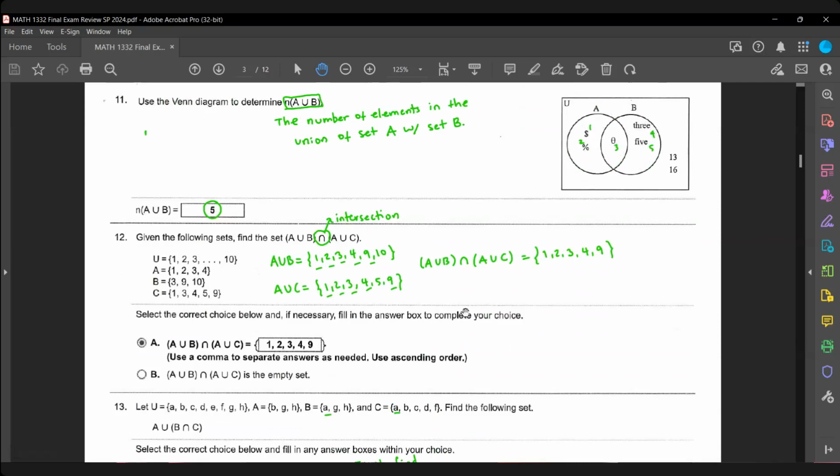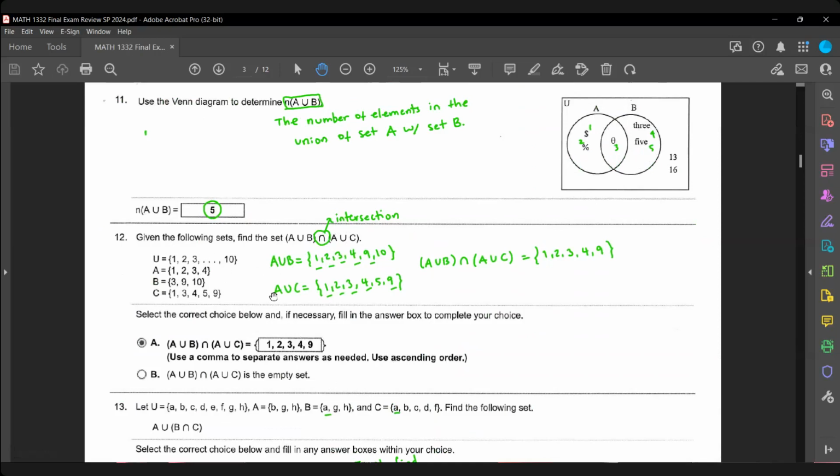In example 12, they want us to find a more complex set operation. They want us to find a union. They also want us to find a second union and then find an intersection.